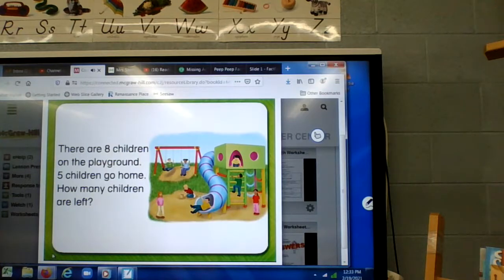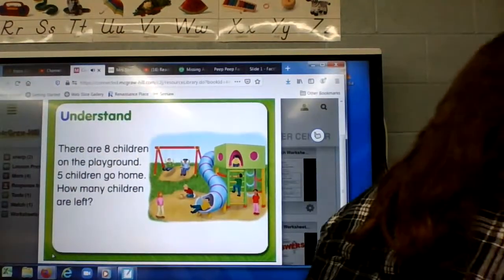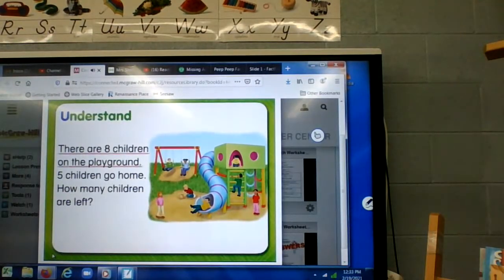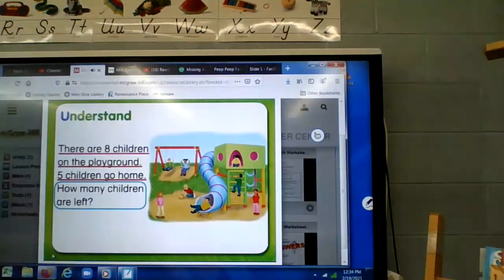How many children are left? First, we need to understand the problem. Let's look back at the problem and underline what we know. We know there are 8 children on the playground. We also know that 5 children go home. Now let's circle what we need to find. We need to find how many children are left at the park after the others leave.